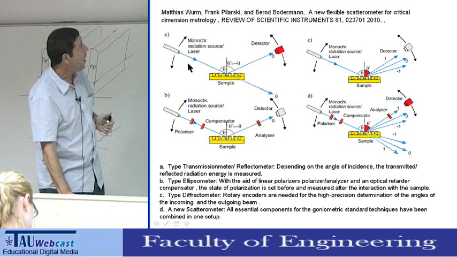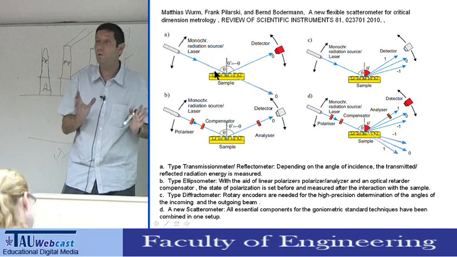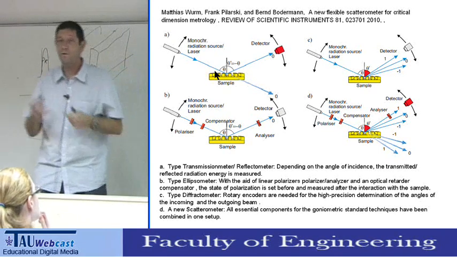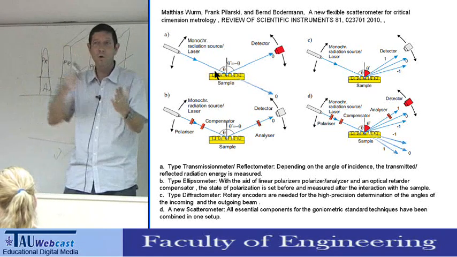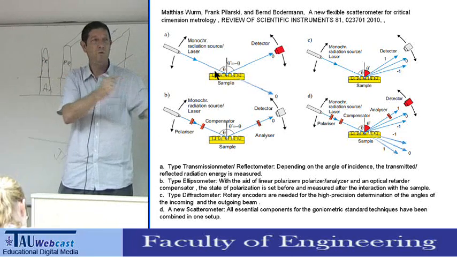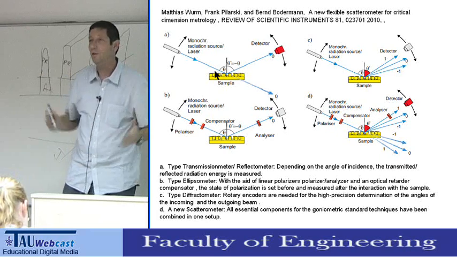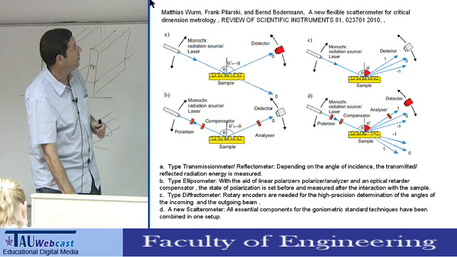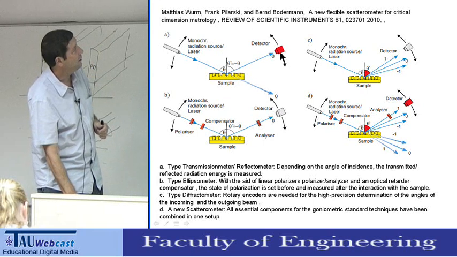What you actually do, you take a laser, for example. By the way, there are few ways to do it. There are few companies that are doing it. There are few features, but the concept is that you illuminate it and measure the scattering, and then try to fit the scattering to a certain model. So you take a periodic structure, illuminate it with a laser, and collect the light.